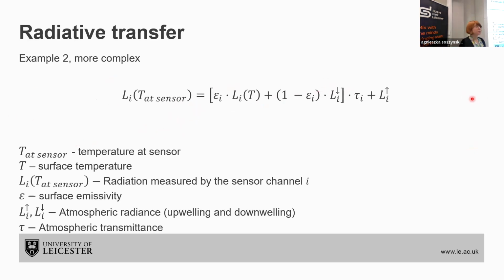And to break this equation a little bit more down, we have, for instance, this part which accounts for the reflected atmospheric radiation. So you see here 1 minus epsilon. This means that this is the reflected part. So this is the first one. The other component, surface emissivity.